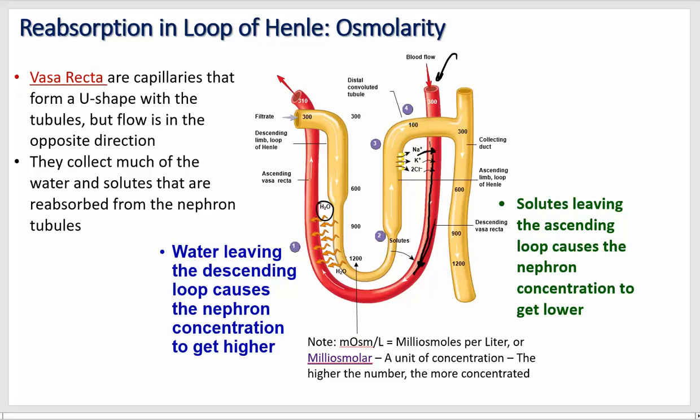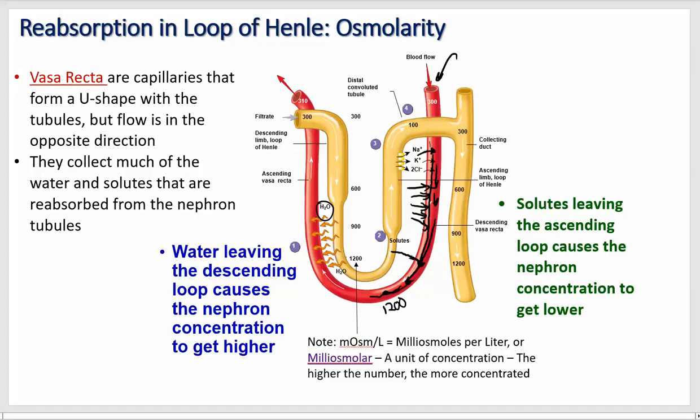So what that's doing is it's saying that solutes will move in, but the concentration is just building up more and more because all those salts that have been moving in are just being flushed down to the bottom. That's why we end up with that 1200.